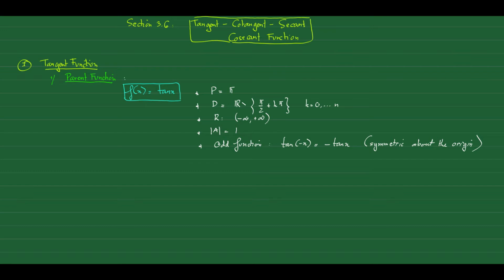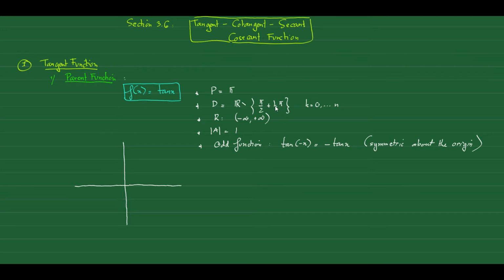Alright, let me give you the graph of the tangent function. Okay, so this is what it looks like. The period will be only pi.